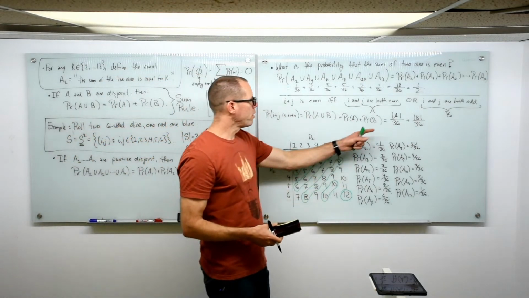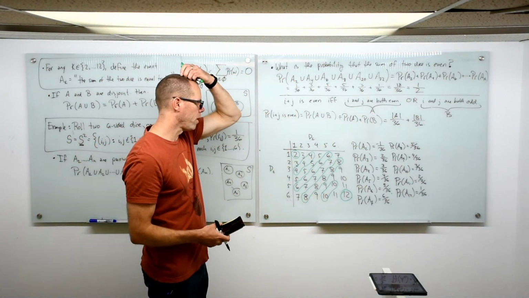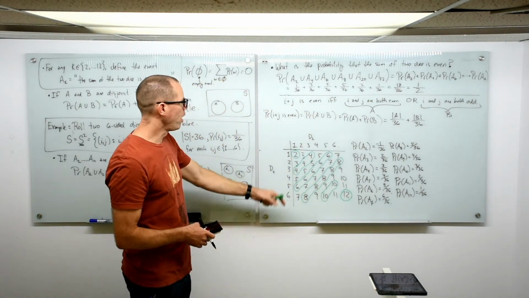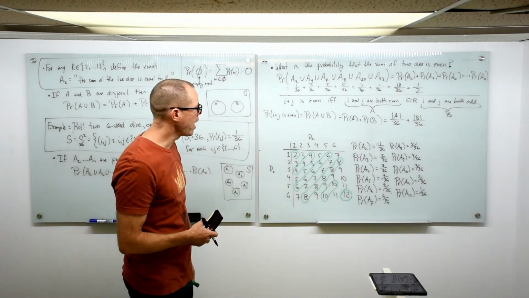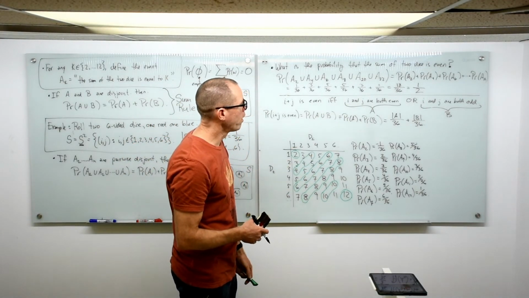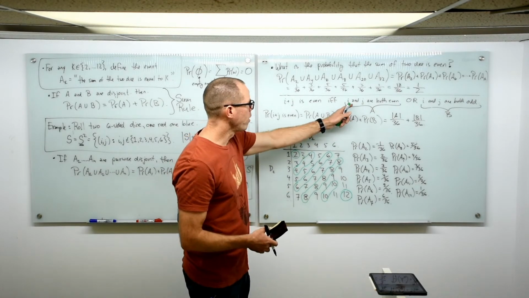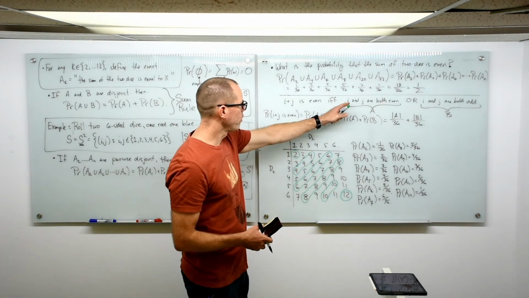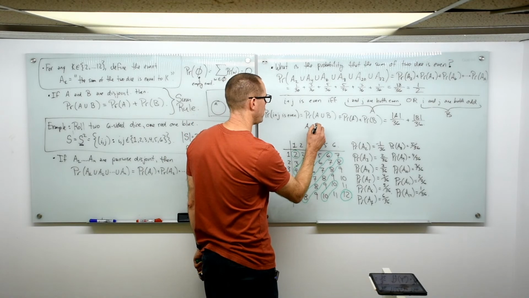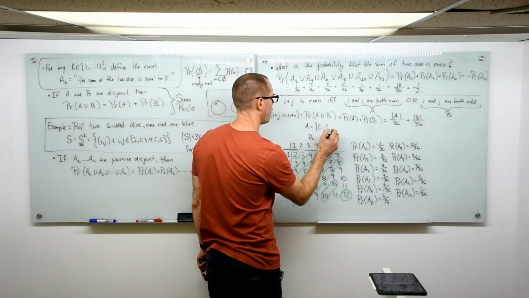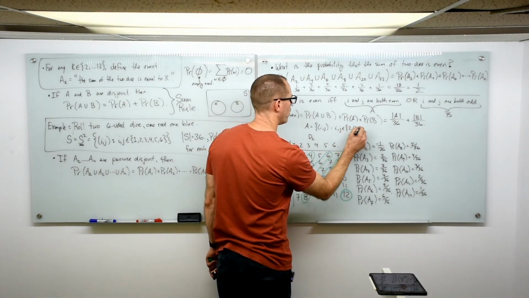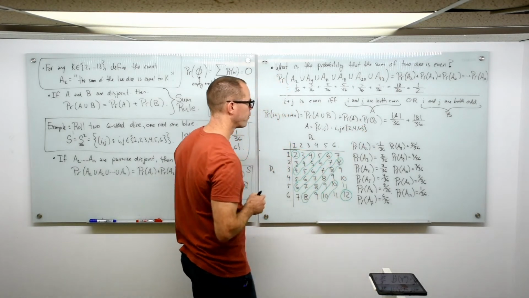Well, how do we figure out the size of A? Well, wait a minute. This is just a counting problem, right? I'm asking how big is the set A that contains the pairs I, J, where I and J are both even and they're in the range 1 through 6. So A is just equal to the set of pairs I, J where I and J are each either 2, 4, or 6. Okay.